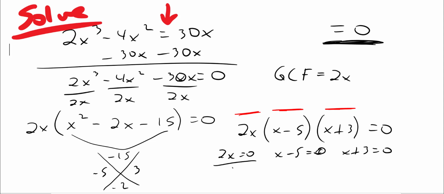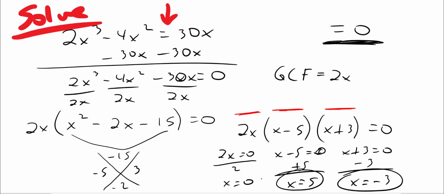This one's easy. Whenever it's just a 2x and you divide by 2, you're always going to get 0. If it was an x minus 5, then you'd get a different number. But if it's 2x, 5x, 10x, negative 18 billion x equals 0, you divide 0 by whatever number and you get 0. So x equals 0, I add 5, x equals 5, and subtract 3, x equals negative 3. So there we go, 3 answers.